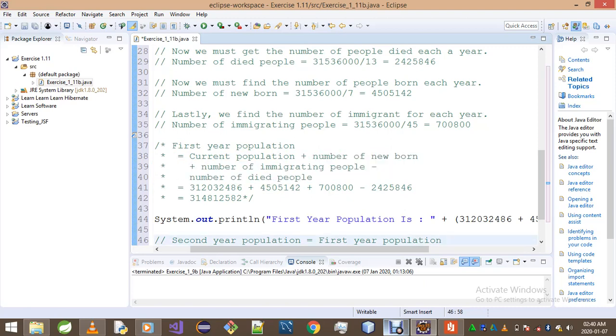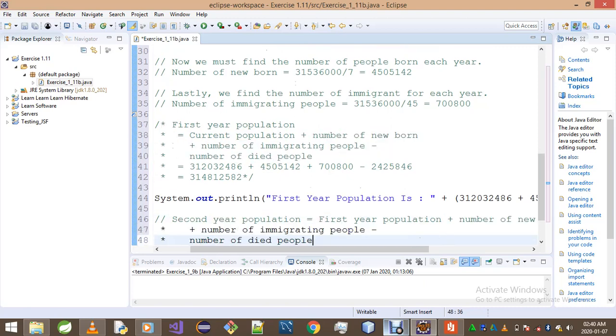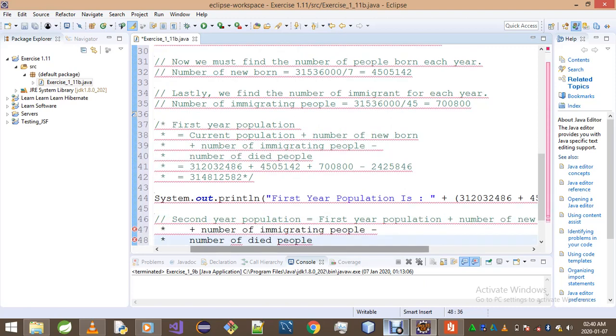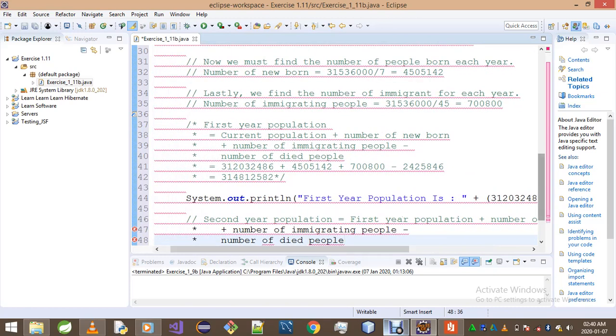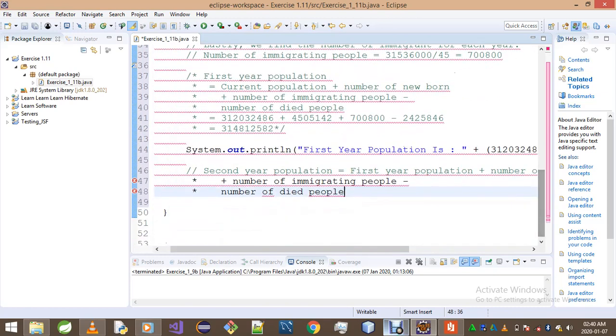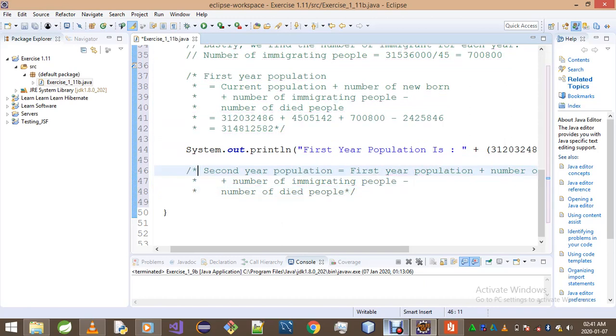This will be the same. Oops, I should have made this a multiline comment.